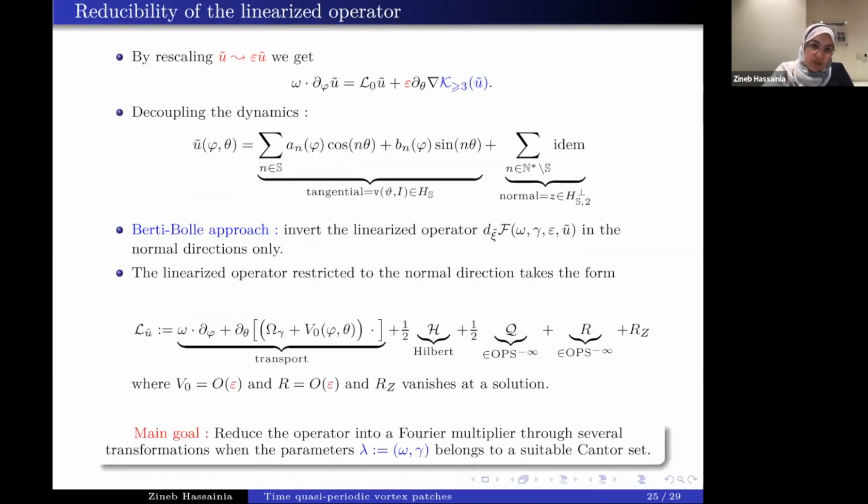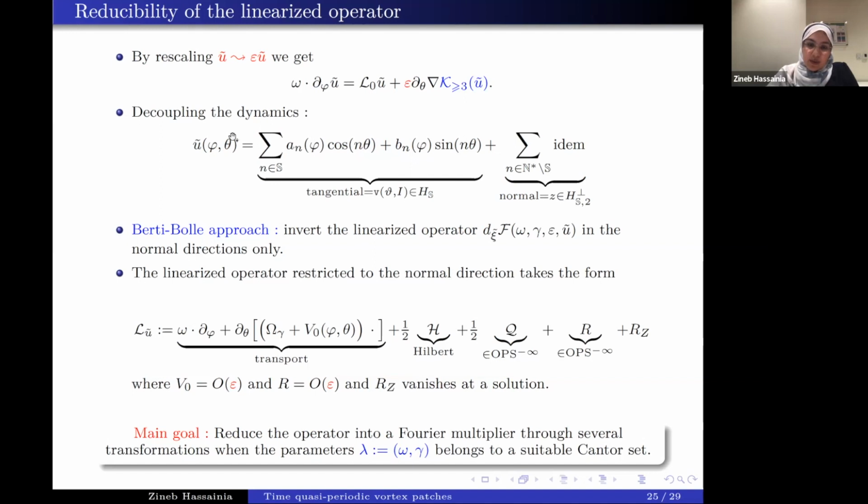The starting point is to write the problem in more dynamical system language, more adapted to KAM techniques. So we write the Hamiltonian system as a small perturbation of an integrable system given by the linear dynamic, by rescaling the variable u tilde.